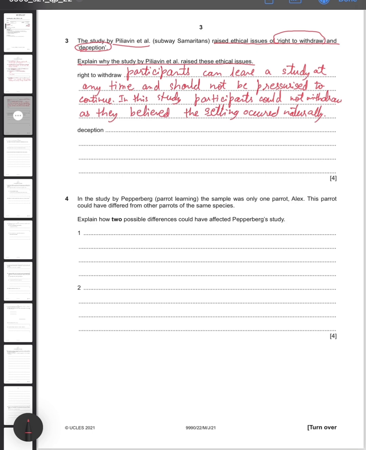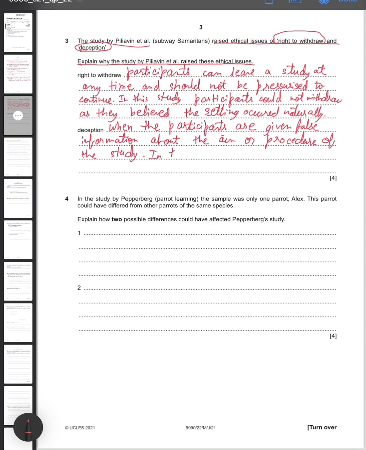Now, for the second one, you can write that deception is when the participants are given false information about the aim or procedure of the study, and in this study they believed that the victim was sick or drunk.